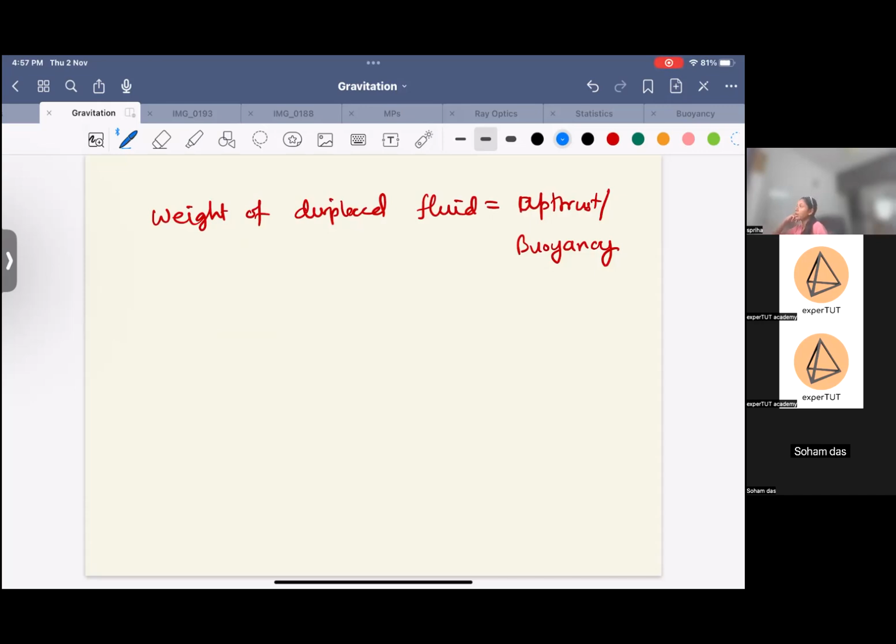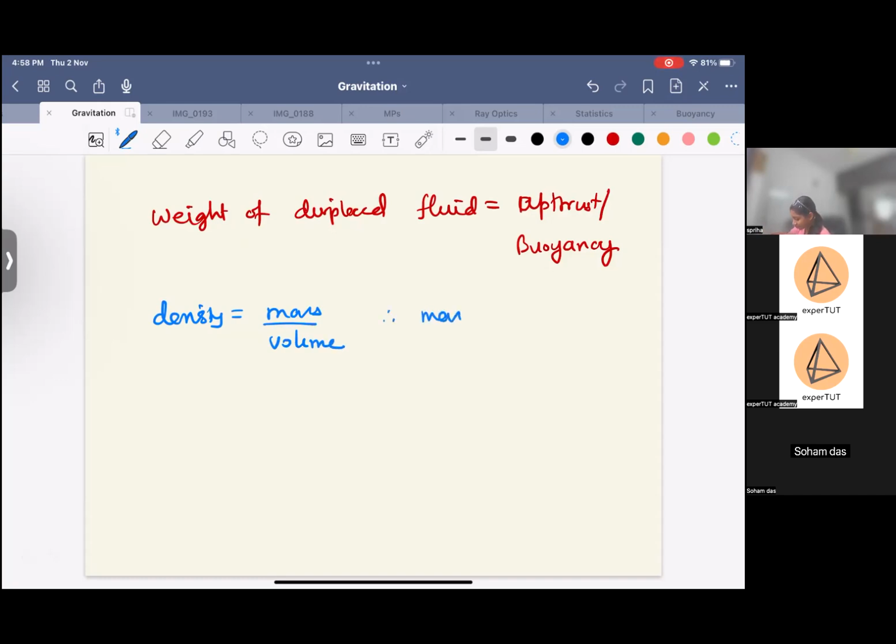Okay. Now, weight of displaced fluid is equal to upthrust. So first we write density is equal to mass by volume.